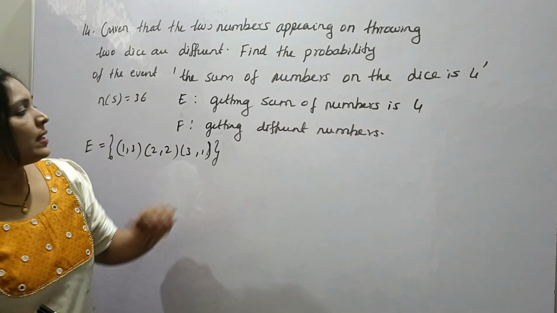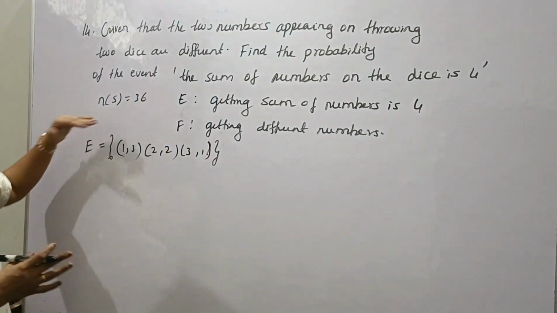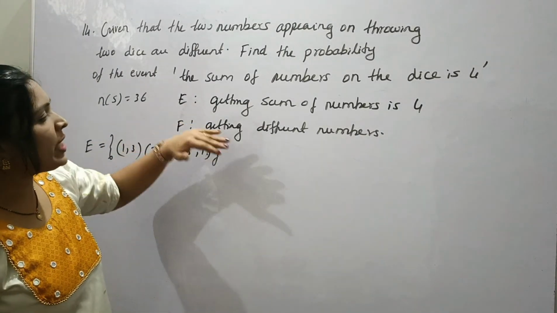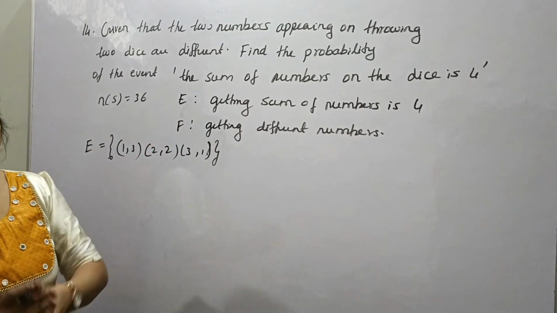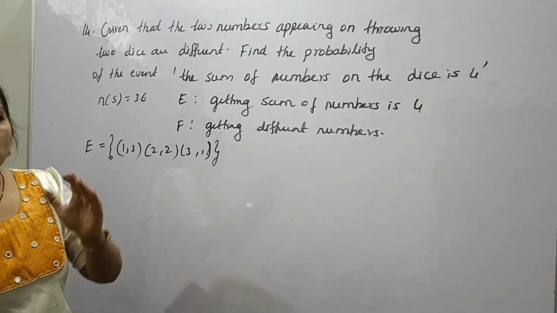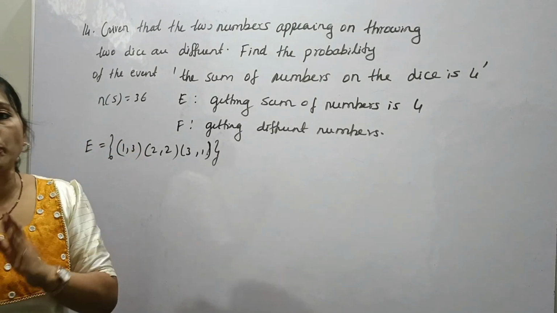Next, what are the possible outcomes of F? See, here we know that the number of elements in the sample space is 36. What is the event F? Getting different numbers, meaning the first number and the second number should be different. So, here (1,1), (2,2), (3,3), (4,4), (5,5), (6,6) are not possible.